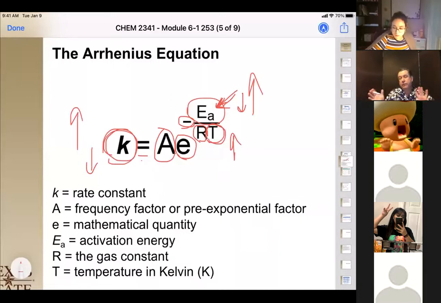So if you like the math there, that's kind of why activation energy is directly correlated to our rate and our rate constant, and the fact that as temperature increases, rate increases, and as activation energy decreases, it increases our rate. All right, questions on that? And again, no, we're not going to calculate this. I just want to show you how they're related.